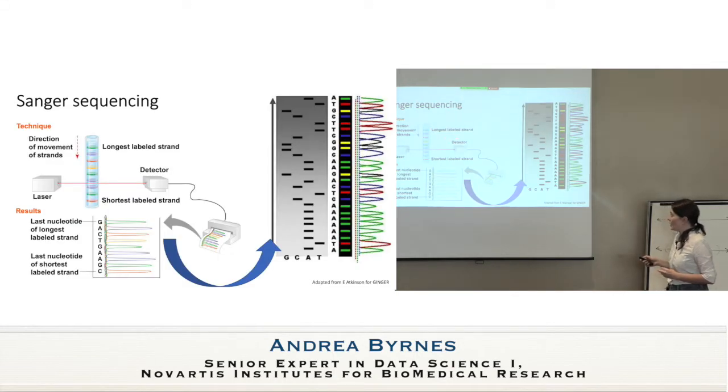So all of this is put through a laser, and in theory, you should be able to read the bases one at a time. And so between the laser and the detector, it's able to distinguish between these 4 different signals.